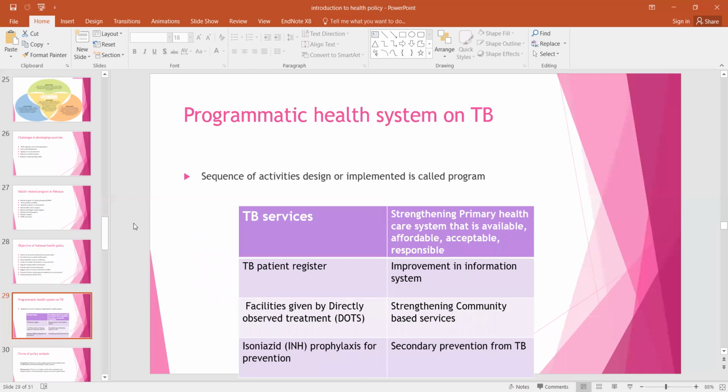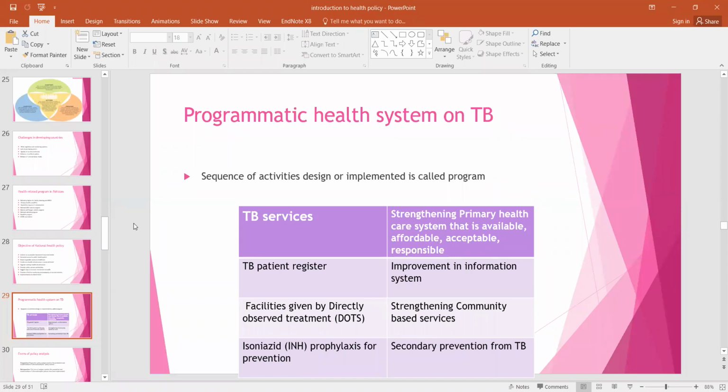This is an example of a programmatic health system on TB. TB DOTS is a program which is successfully run in different clinical setups to treat patients of TB. A sequence of activities designed or implemented is called a program. The TB services provided by DOTS strengthen the primary healthcare system that is available, affordable, acceptable, and responsible.